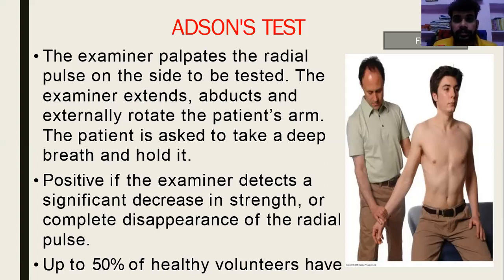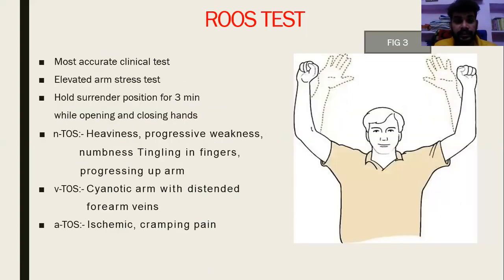Now we discuss another test, that is Roos test. It is the most accurate clinical test, also known as the elevated arm stress test. In this, we hold the patient's arms in surrender position for 3 minutes and ask them to open and close the hands.